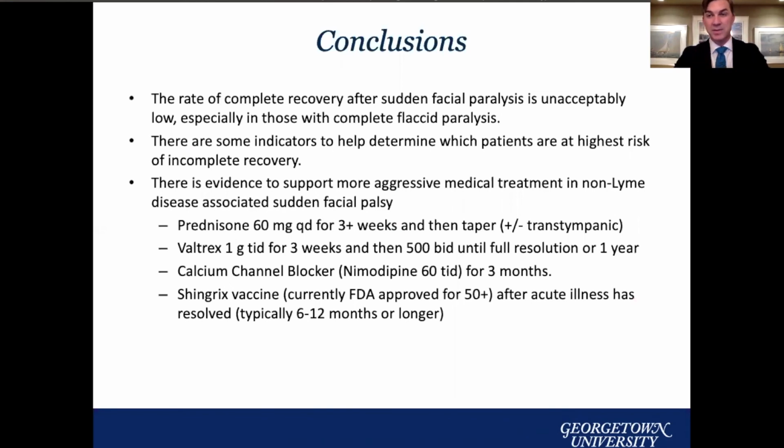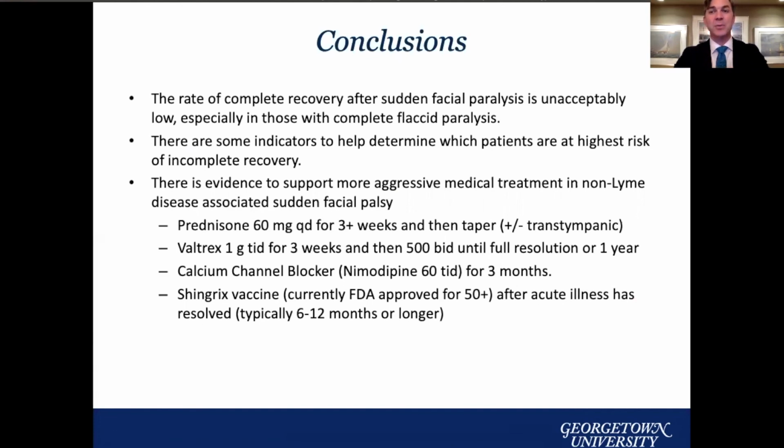Even transtympanic steroids, if that's a reasonable option for a patient to be given at your institution or location. Valtrex, 1 gram TID for 3 weeks, has been shown to decrease pain at those important time points after the onset, which may indicate the likelihood of recovery. And there's evidence from the ophthalmology literature that suppressing the virus with a low-dose antiviral regimen for a year or long-term treatment afterward, or until full recovery, are also reasonable to consider.